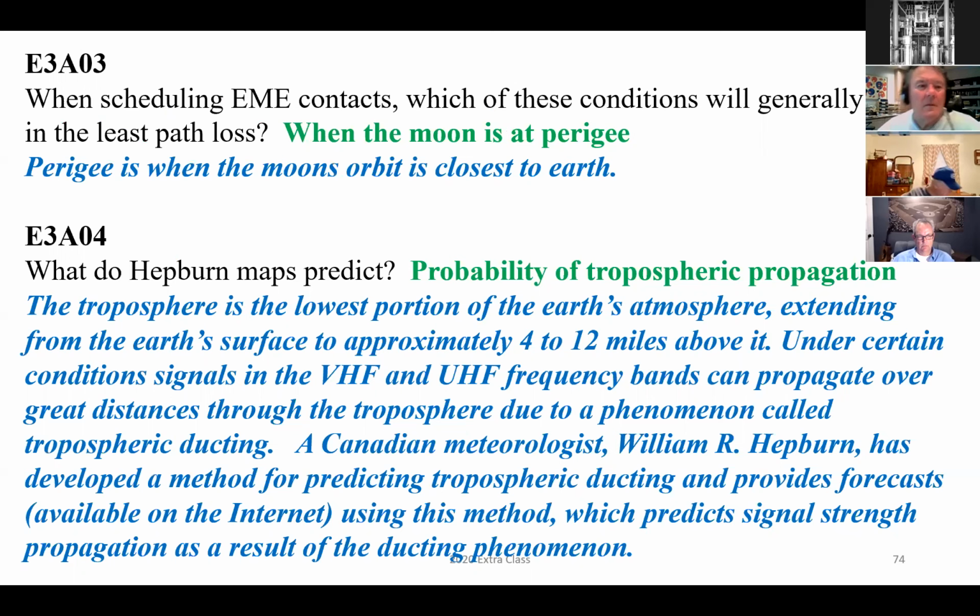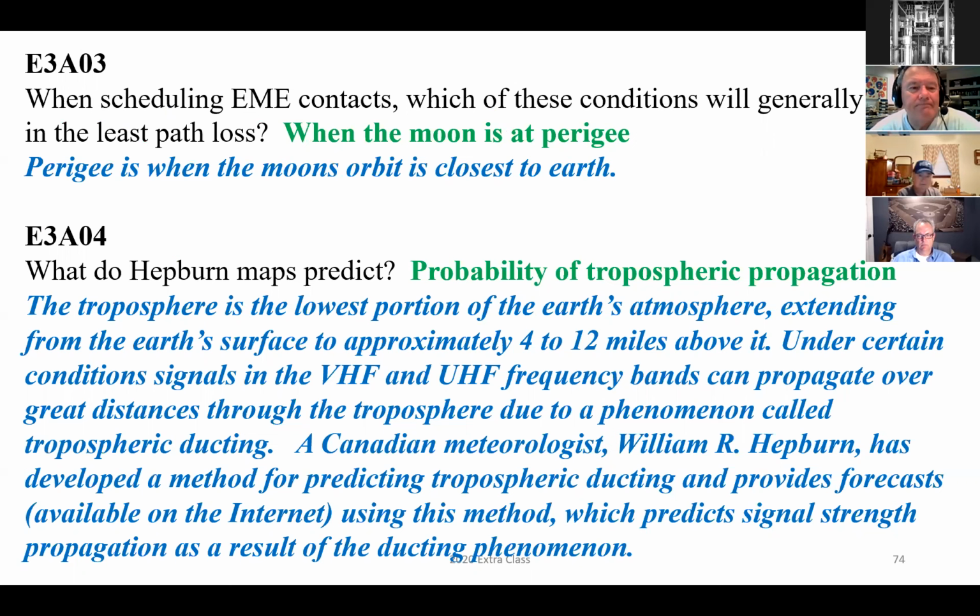E3A04, what do Hepburn maps predict? That's going to predict the probability of tropospheric propagation. So just a reminder, the troposphere is the lowest portion of the Earth's atmosphere, extending from the surface to approximately 4 to 12 miles above it.